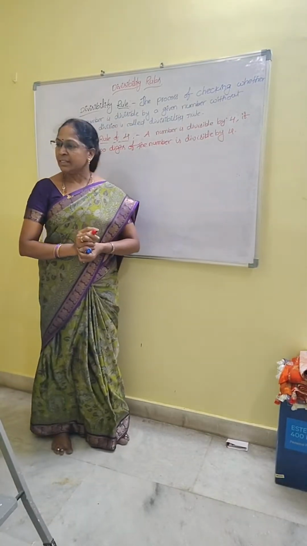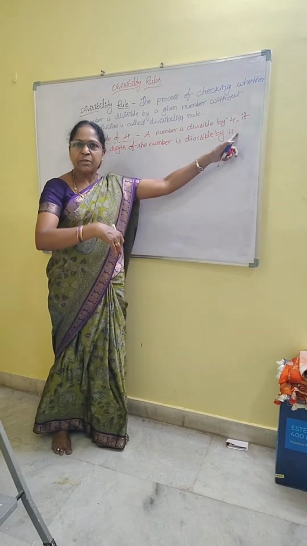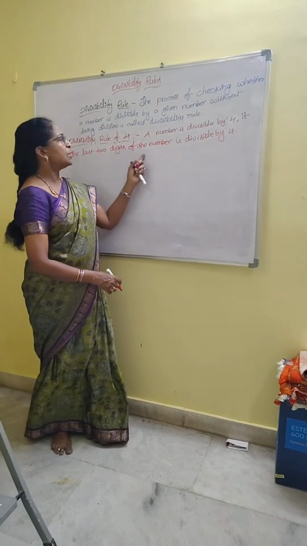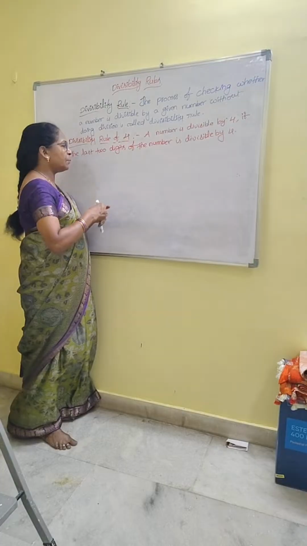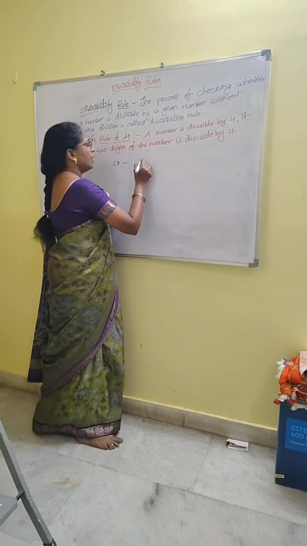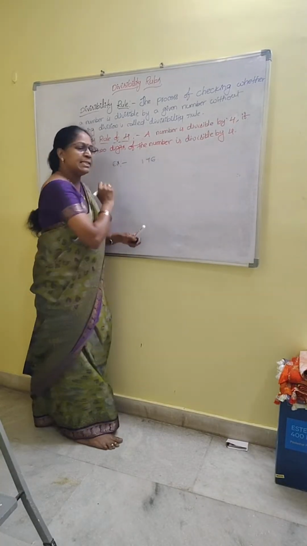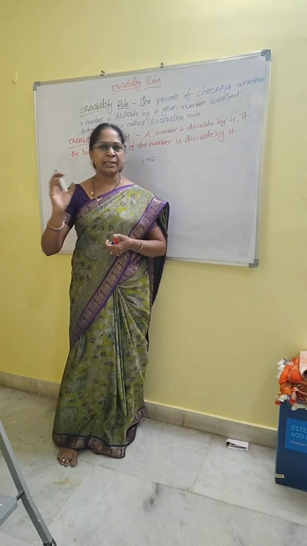So what does the divisibility rule of 4 mean? A number is divisible by 4 if the last two digits of the number are divisible by 4. For example, one example is 176.